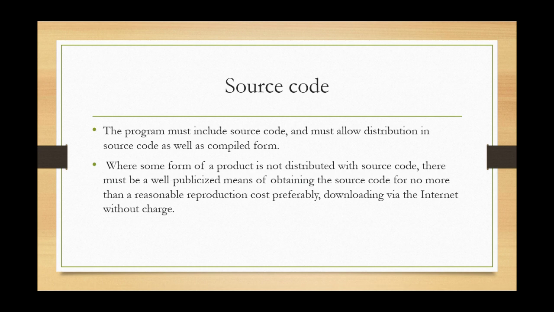So this means that if you decide to distribute your open source software in a compiled form, then you must provide another way by which a person can get the source code. And the way that you provide should not be costly. The only cost a person should incur is an internet cost, but the provision of source code should be with no charge. So that is another criteria.